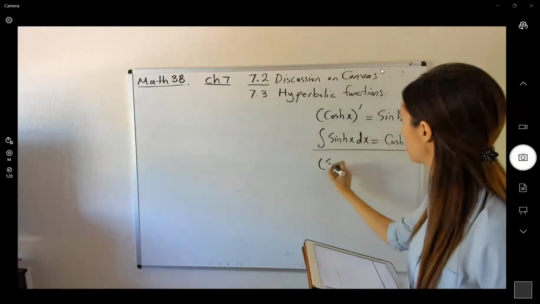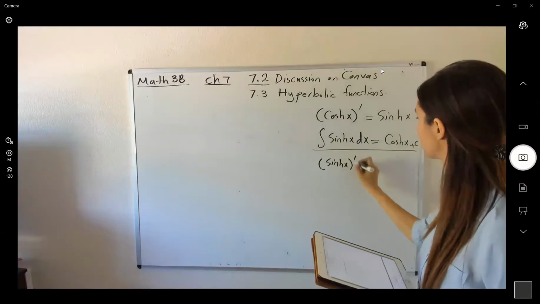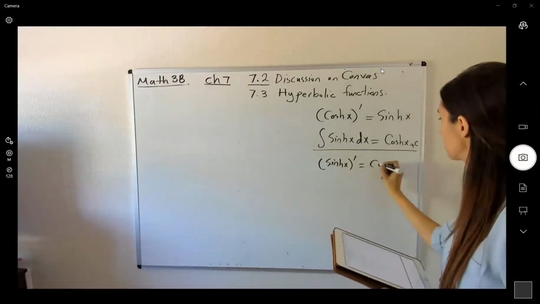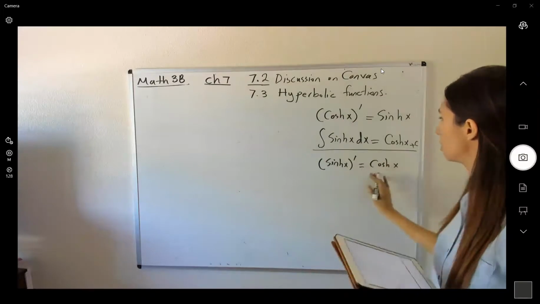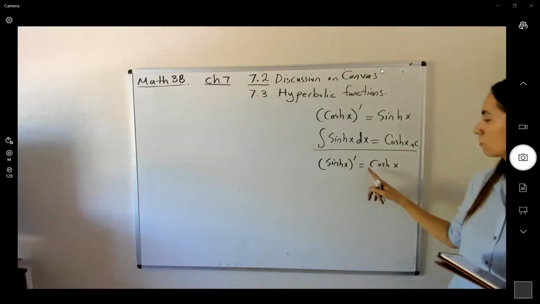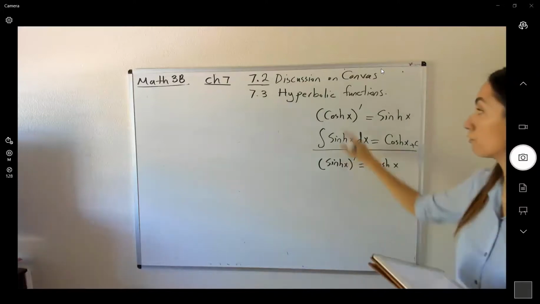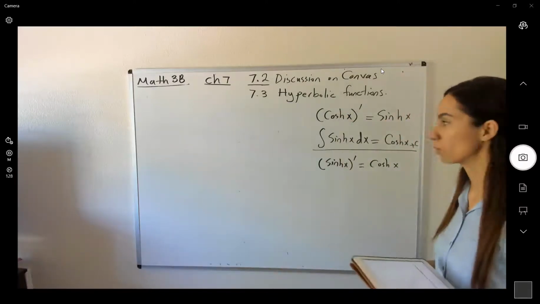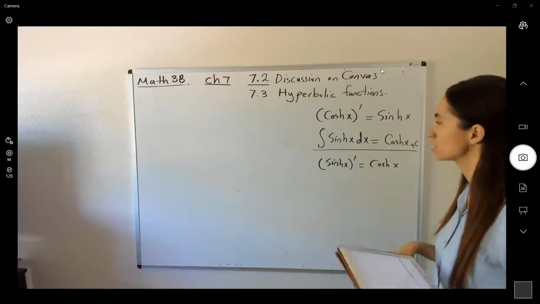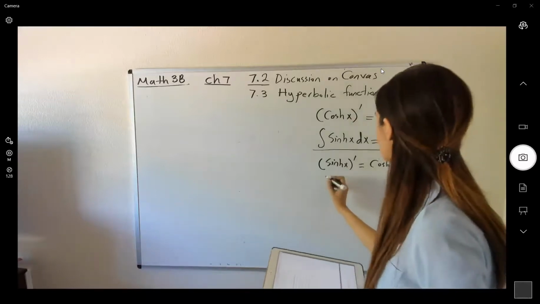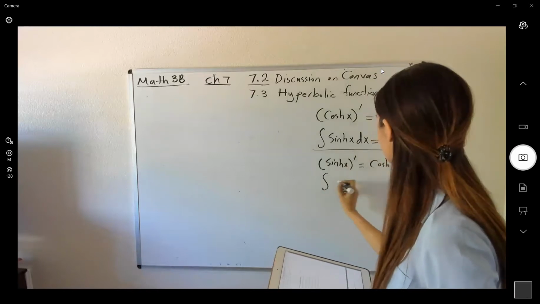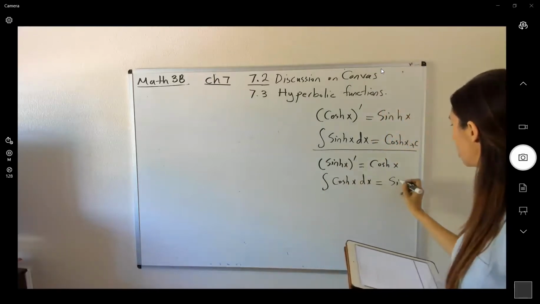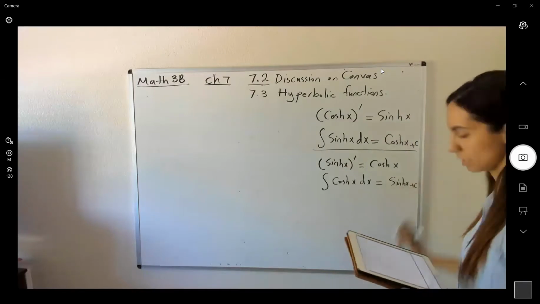The derivative of hyperbolic sine is equal to hyperbolic cosine. There is no negative sign for the derivatives. It's not the same as sine and cosine. Remember how we define these functions. It's the exponential function. So the integral of hyperbolic cosine is equal to hyperbolic sine, plus the constant of integration.